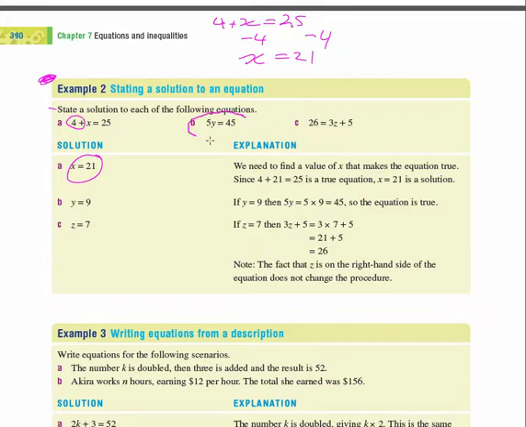Next one. 5y equals 45. So 5 times y. To solve this one, we've got 5 times y equals 45.